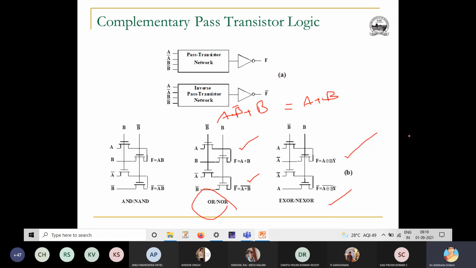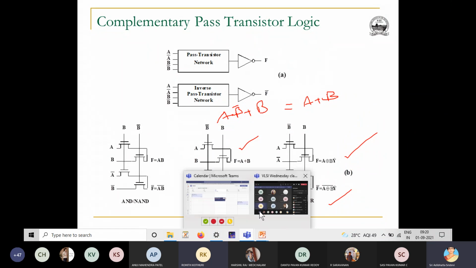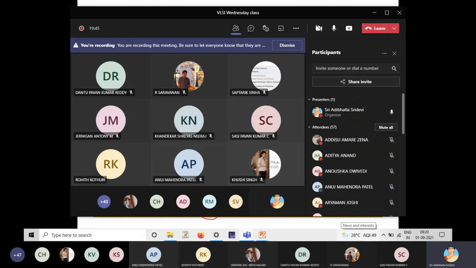So far, how many logics have we learned? CMOS, standard CMOS or static CMOS or full swing CMOS. And one more thing: if I say just CMOS, without any prefix or adjective, it refers to which CMOS?